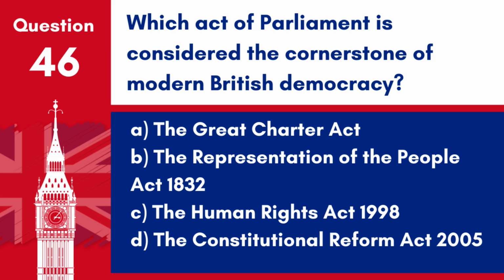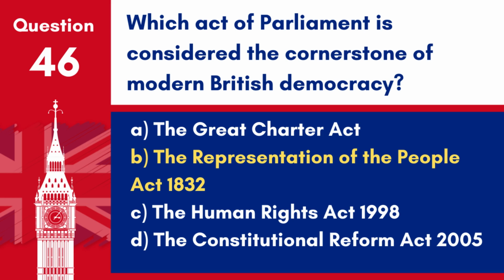Question 46. Which Act of Parliament is considered the cornerstone of modern British democracy? A. The Great Charter Act. B. The Representation of the People Act 1832. C. The Human Rights Act 1998. D. The Constitutional Reform Act 2005.